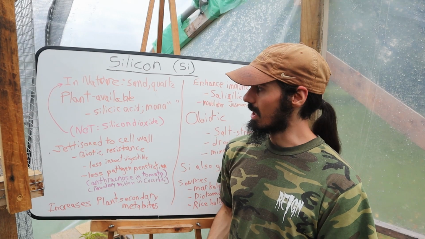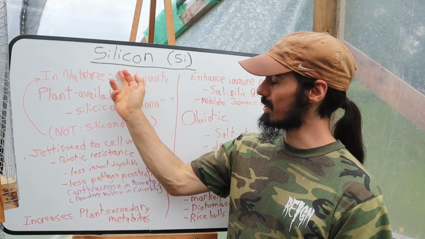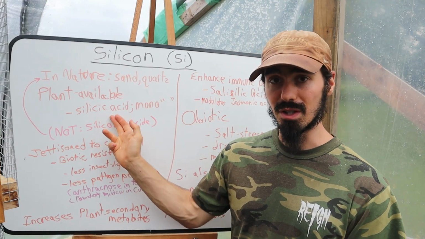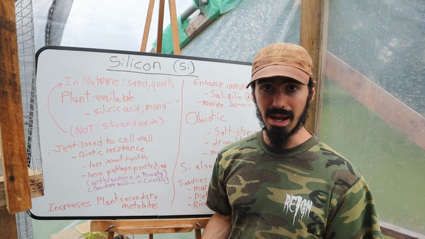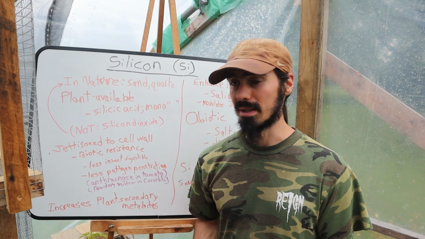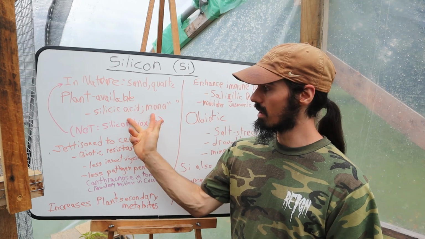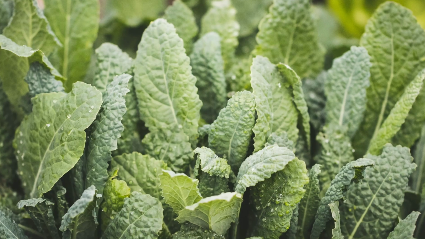So, as I said, we want this to be plant available. And so it has to be in a specific form, whether the silicon is in the form of silicic acid or monosilicic acid, right? Those are going to be able to be picked up by plants and used by plants ultimately. So the silicon, when in this form, can be very useful to plants and can provide a bunch of different benefits.